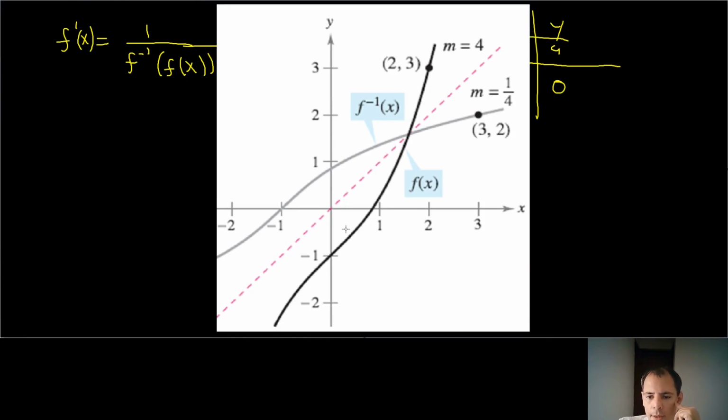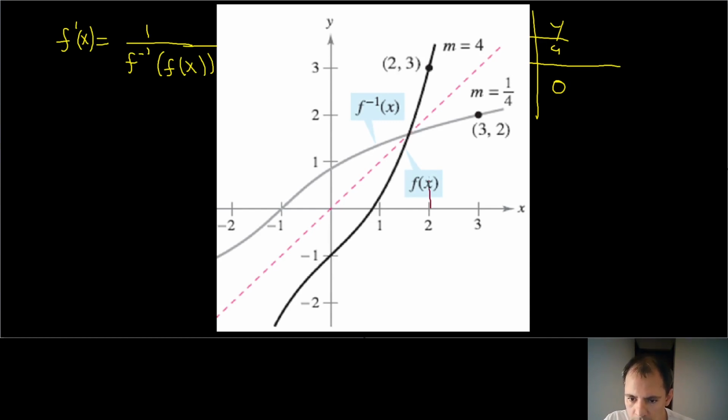You see this function right here, f of x, and here's the inverse, f inverse. So you can see that f of x transforms a 2 into a 3.